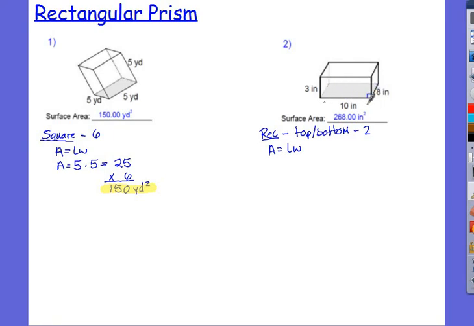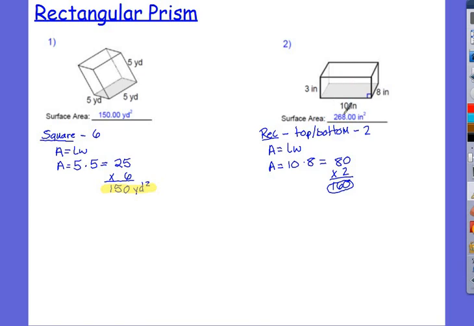What is the length of this gray area? 10. What would the width be? 3? The 3 has nothing to do with the gray area. 8. The 3 is the part standing up, going tall. So this is an 8. 10 times 8 would be 80. How many sets of 80 am I going to have? 2, because it's two sides, top and bottom. That gives me 160. That's the area just for the top and the bottom.